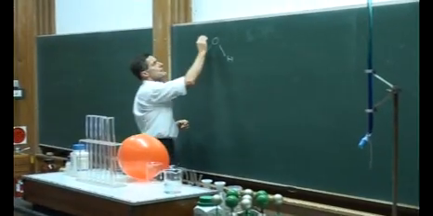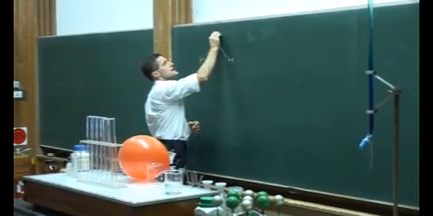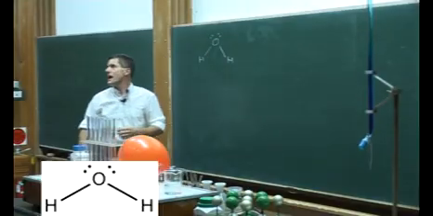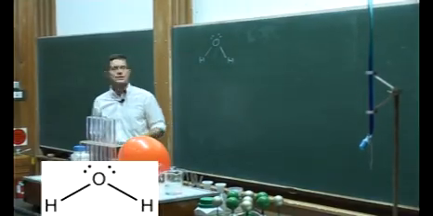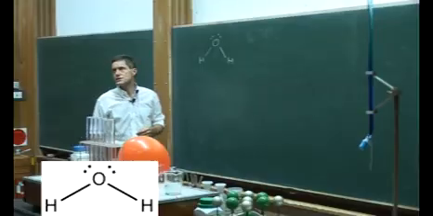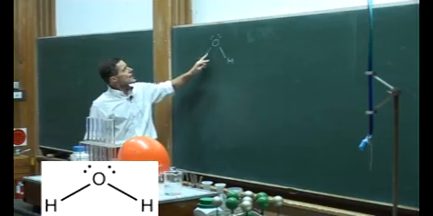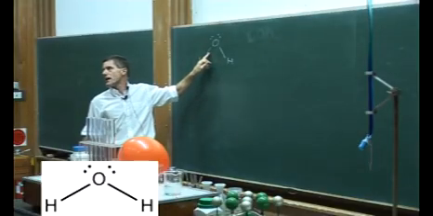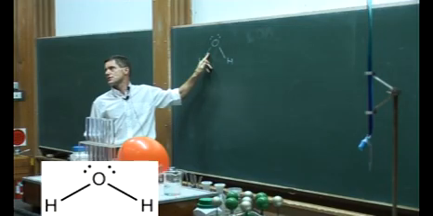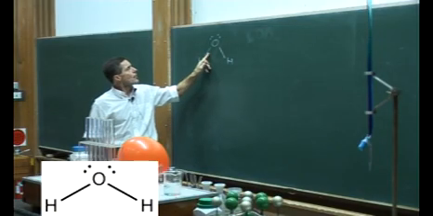And if you remember from our electron dot diagrams, there were a couple of lone pairs of electrons associated with the oxygen, a couple of bond pairs associated with the OH bonds. Now, the electrons of the OH bond are not absolutely evenly shared between those two atoms. Why not?